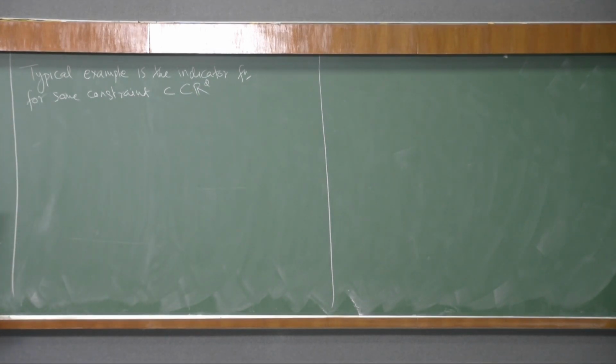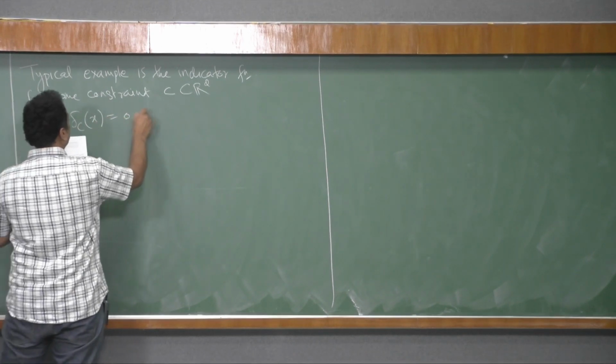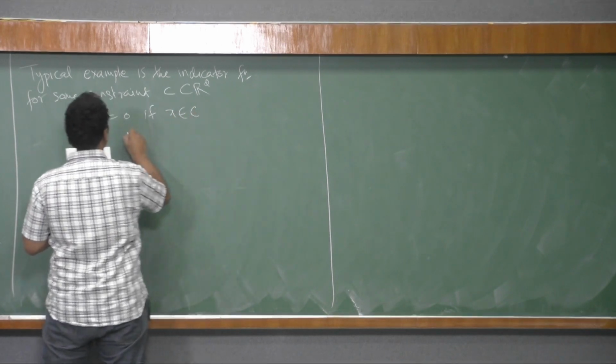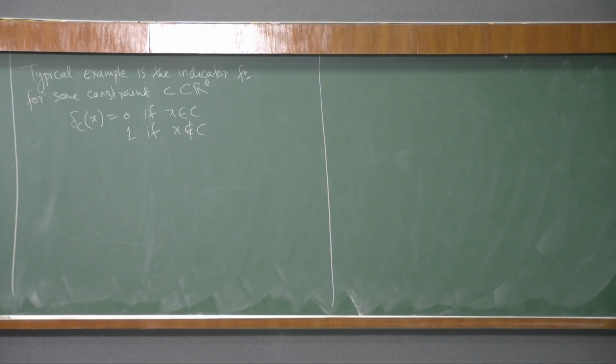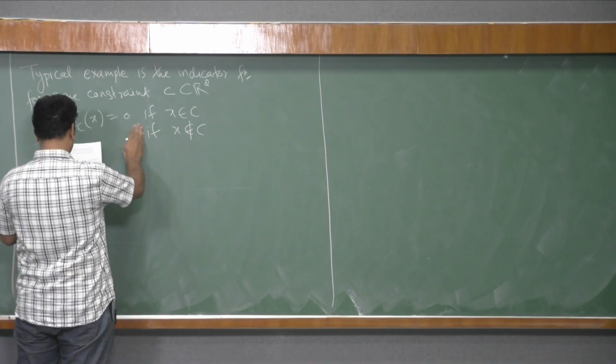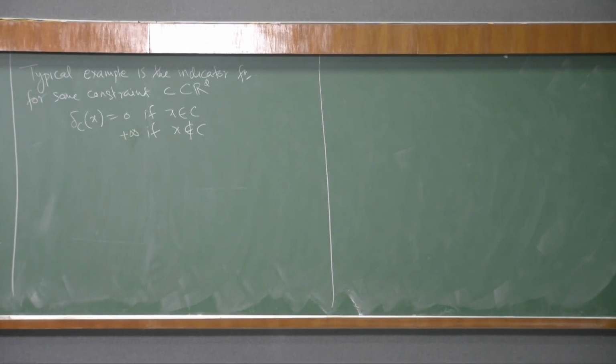And the indicator function, if you recall, delta_C(x) is 0 if x is in C, and it's 1 if x is not in C. So that's the indicator function we recall. Oh, actually it's infinity, right? So it was plus infinity if it's not in C. And such functions are useful basically to extend a given function over all of the domain.